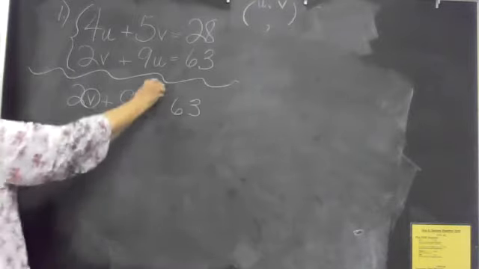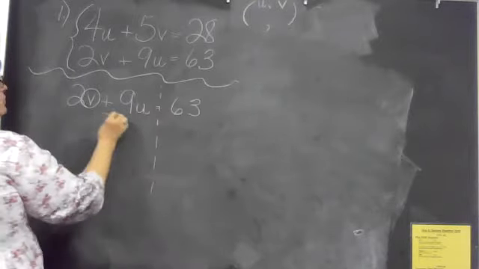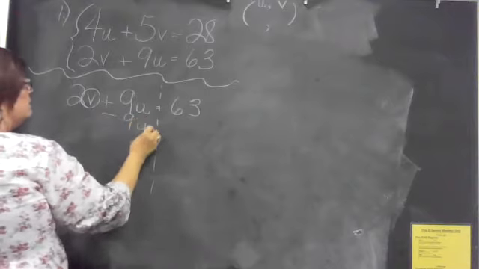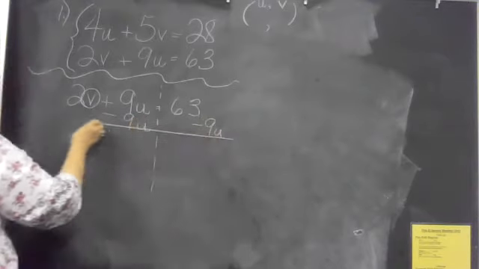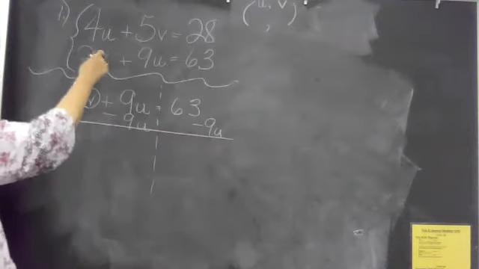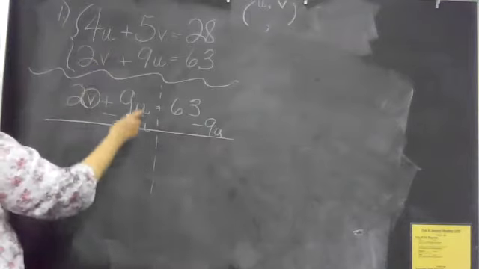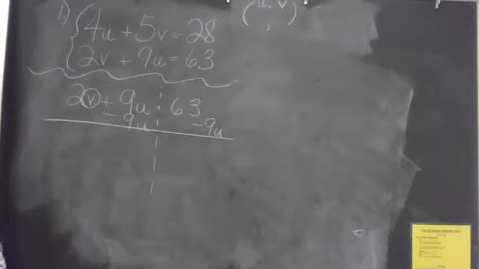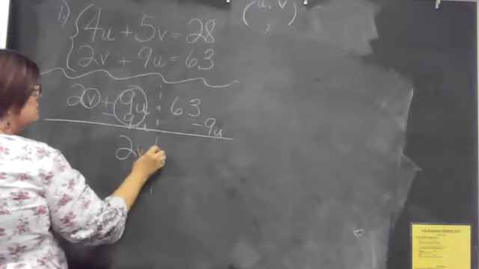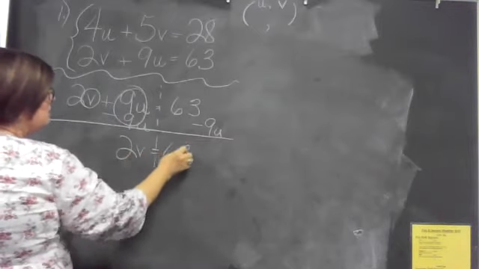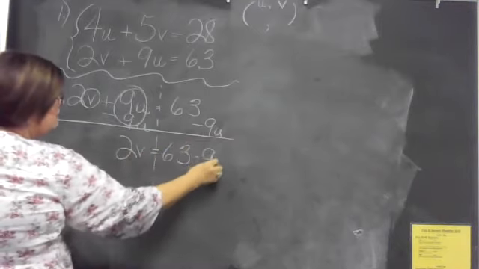Which means that I have to subtract 9u from both sides. See, the first part, you can choose what you want. You can choose either equation and you can choose either variable. This will all work. And so now I have 2v equals 63 minus 9u.